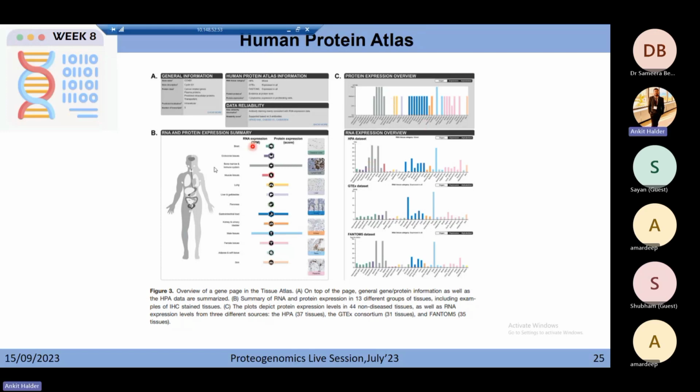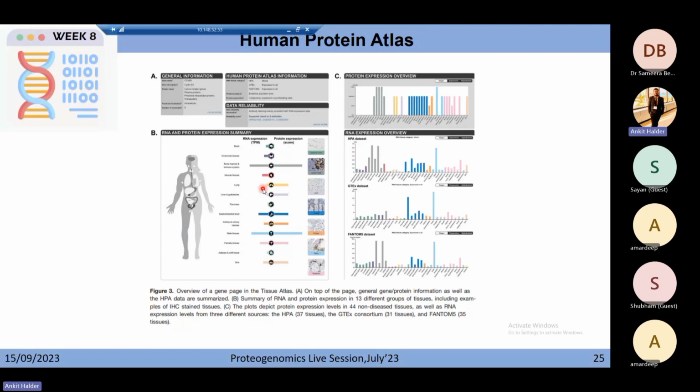So you can see that you will get the RNA expression and the protein expression simultaneously, so you can get both correlations. You can see that in some cases the RNA expression is high but there is no protein expression. Similarly, protein expression is high with very little RNA expression. So there is both positive correlation and negative correlation, depending upon how the regulation happens.